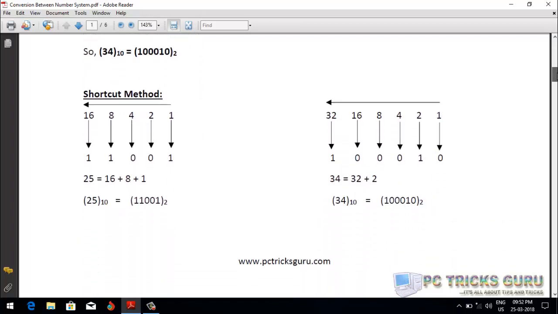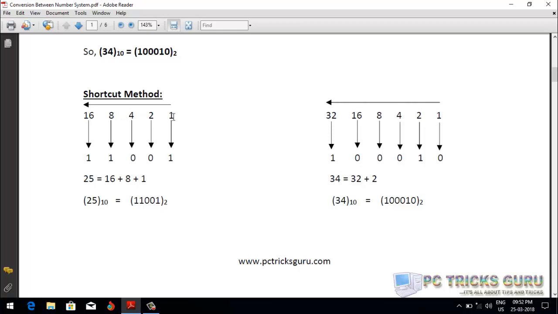If I scroll down, you can see it here. I've taken the same example from the previous ones, 25. It has a different logic. Before starting the conversion, we have to write this series here: 1, 2, 4, 8, and 16.